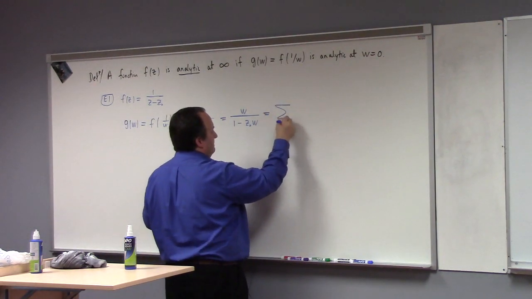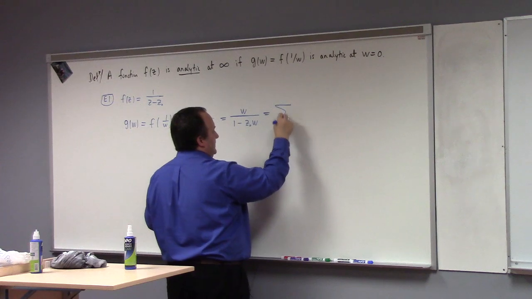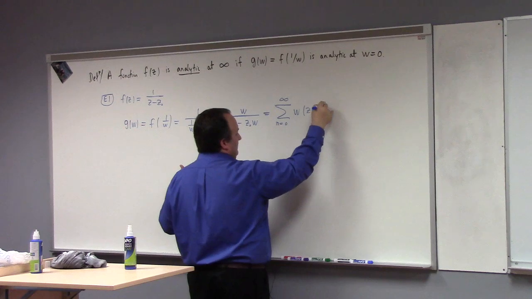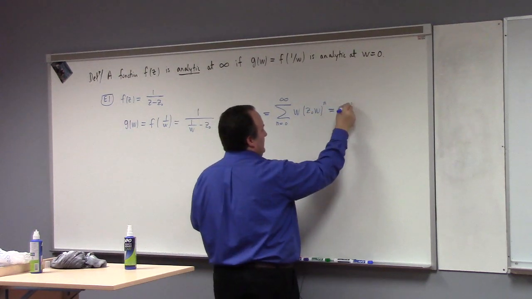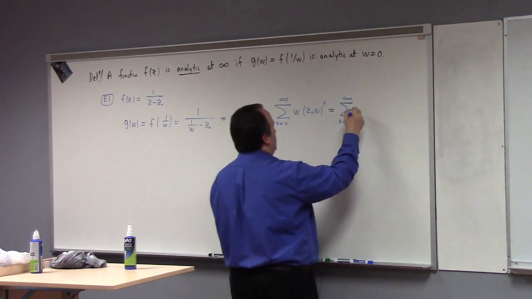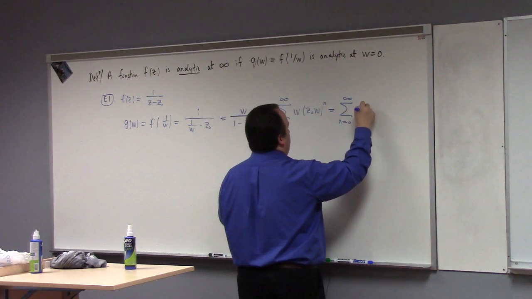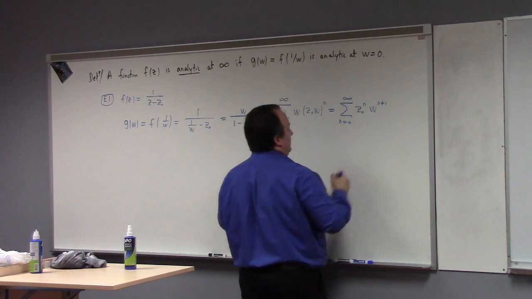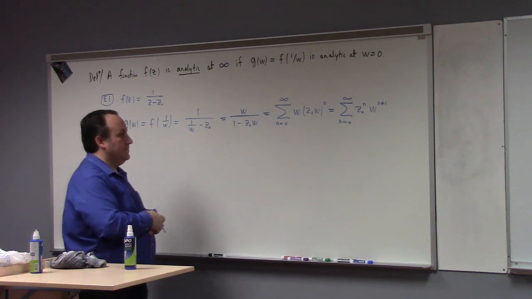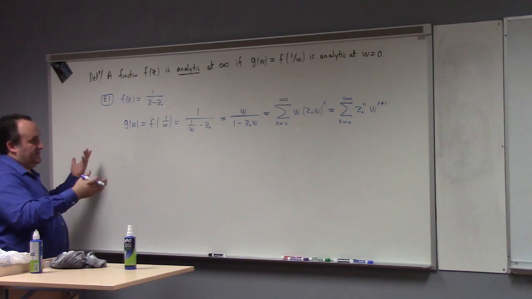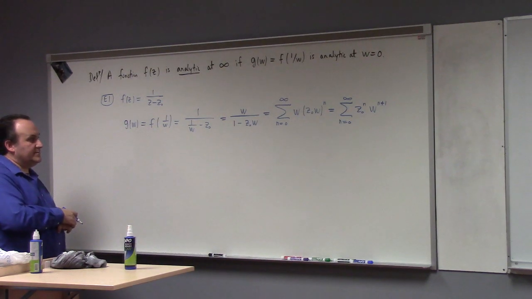This is the sum n equals 0 to infinity of w times z naught w to the n, which of course is the sum n equals 0 to infinity of z naught to the power n w to the n plus 1. So my question then is this analytic at w equal to 0?